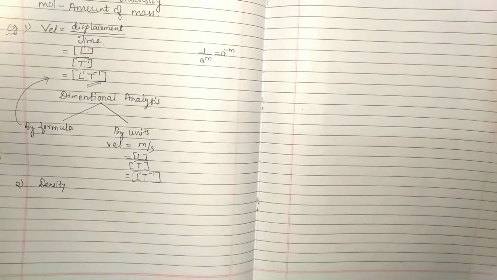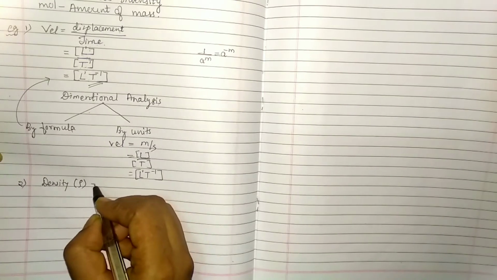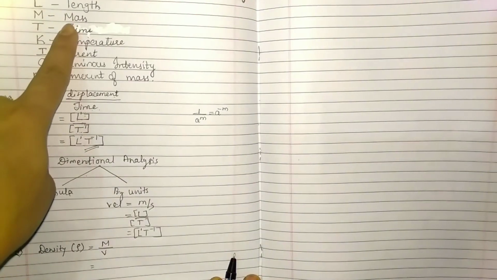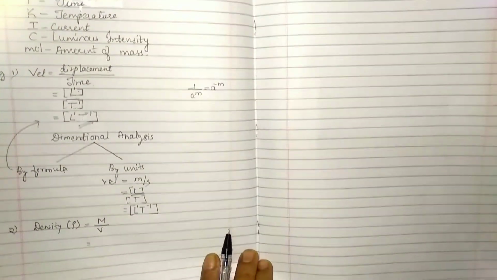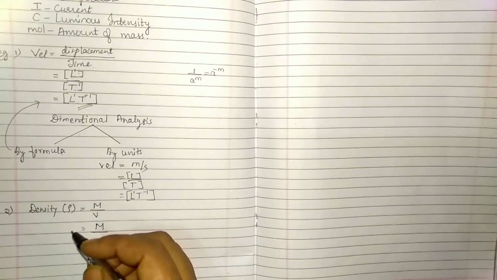Let us take density now. Density is usually denoted by rho. It is mass upon volume. Mass is indicated by M over here. So I will take mass as M itself. And volume. Volume is always in terms of length, breadth and height. So all are lengths only.